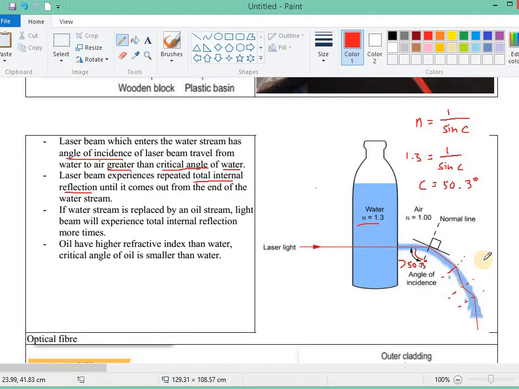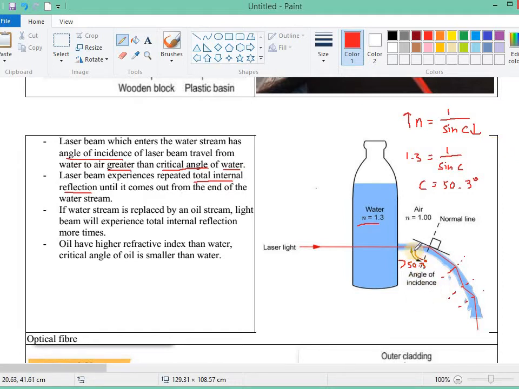Alright. And oil has a higher refractive index. So that means the critical angle is smaller, smaller than 50.3 degrees.